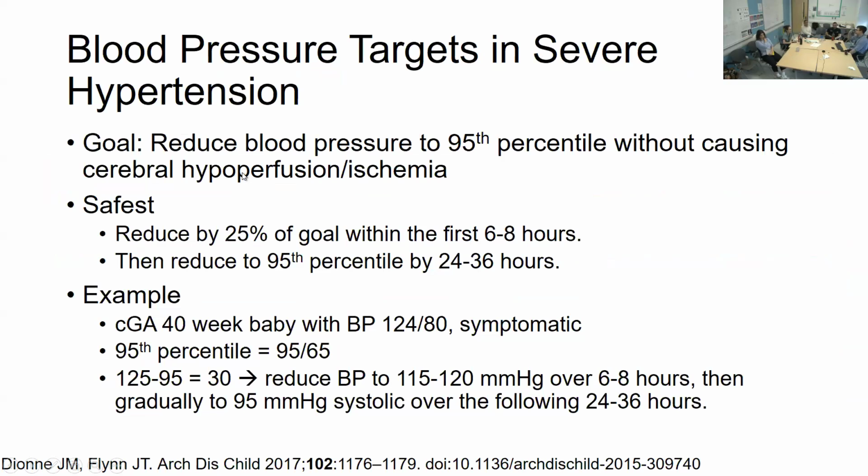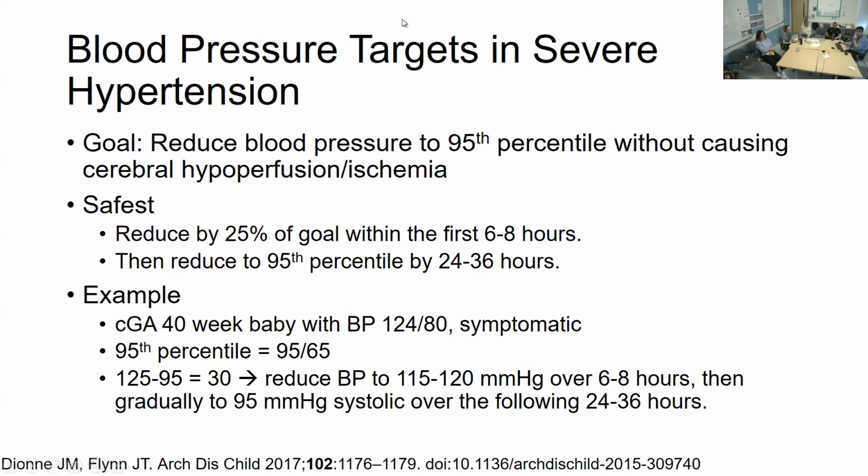If they've had a chance to have cerebral autoregulation with this higher blood pressure and you suddenly drop the blood pressure too quickly, you will hypoperfuse the brain. That will also be very difficult to assess in this age group, in a baby who maybe already is symptomatic and having seizures.